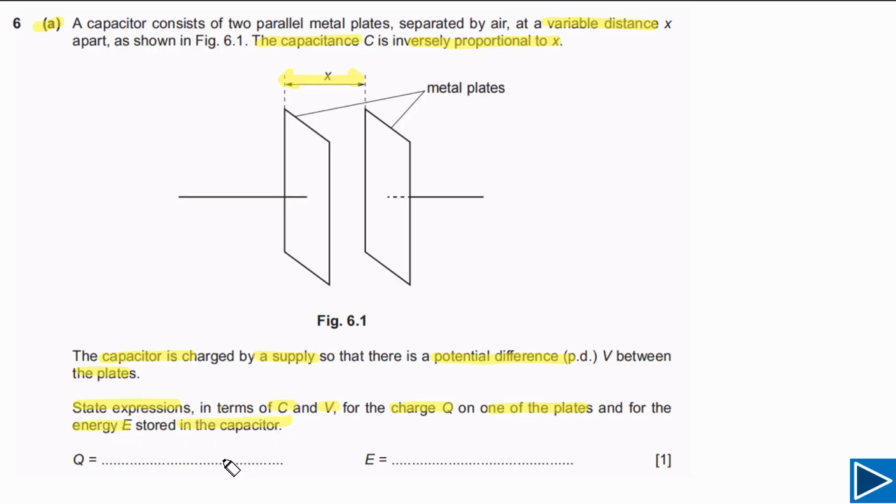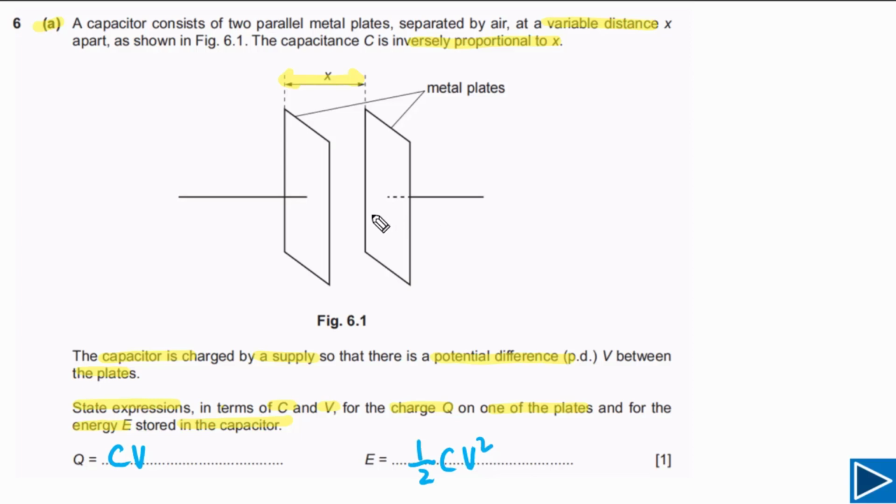It simply means that we need to write down expressions for Q and E, but our expressions have to be in terms of C and V. So for Q, we can write down Q is equal to CV. And for E, we can write down this is equal to 1/2 CV squared. So this is what you need to write down for this question.